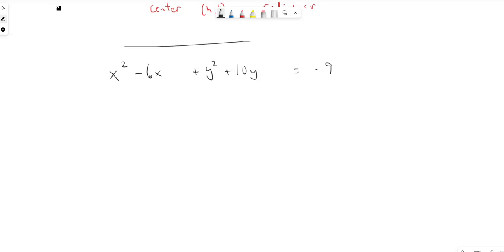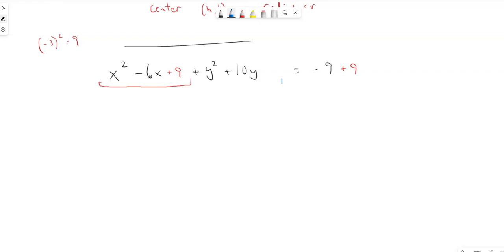In order to figure out what the center and radius of these graphs are, we're going to have to complete the square twice. So look at this first one, the x squared minus 6x part. I'd like to complete the square with my x's. Half of negative 6 is negative 3. Square it, and I get 9. So add a 9 to this side, add a 9 to this side.